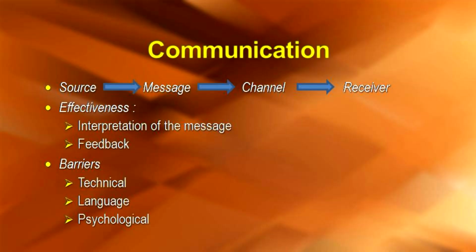The second important aspect of effective communication is the feedback process. Until and unless we get feedback from the receiver about whether, say for example, in case of a lecture, the student has understood properly or not, or when you are on a negotiation table as a marketer, whether you have been able to put across your point and whether the second party is buying your argument or not, all that is a part of feedback.